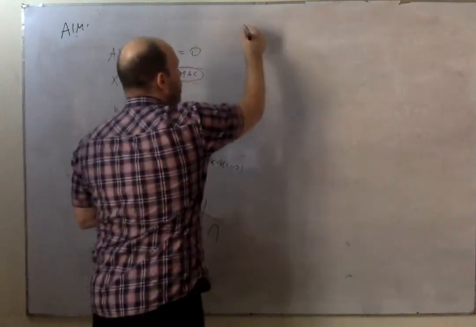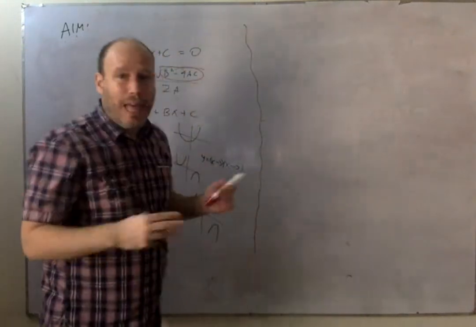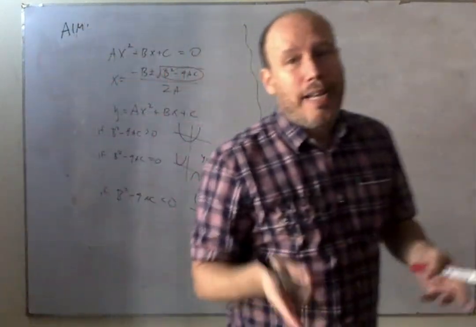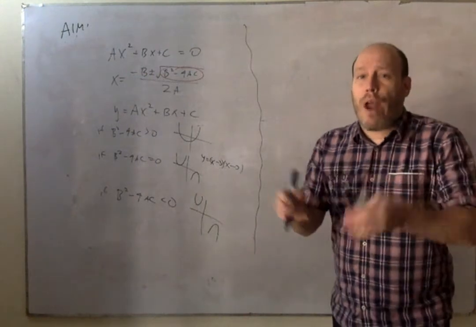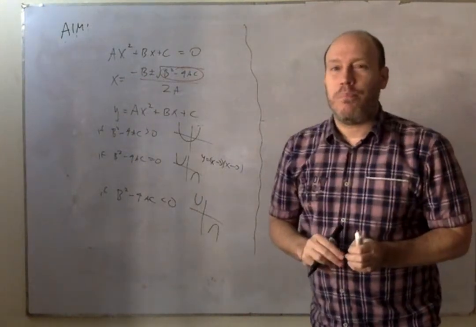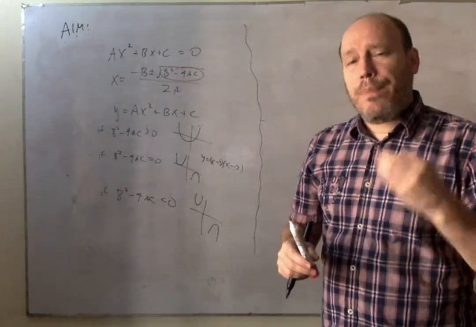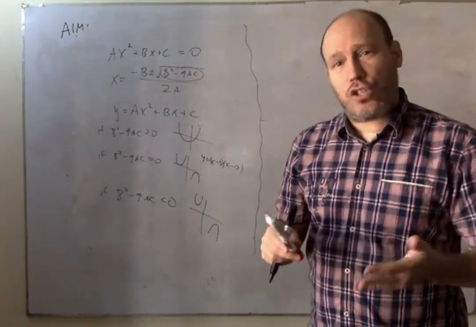Now, an application that they like to use is they ask these questions. They say, you graph a line and a parabola, and given these two equations, how many places do the line and the parabola intersect?